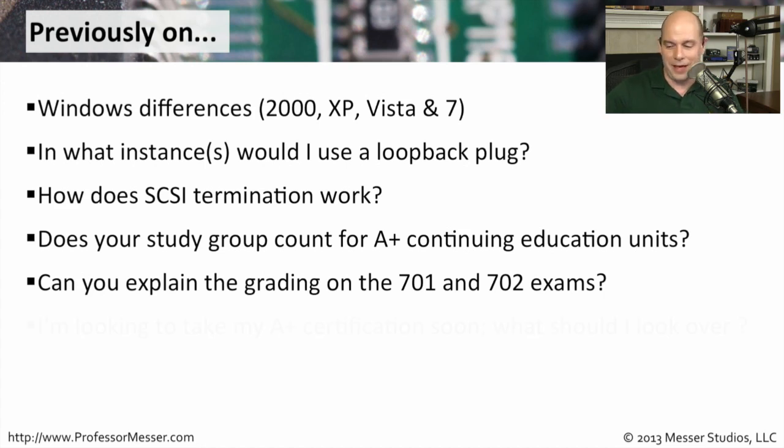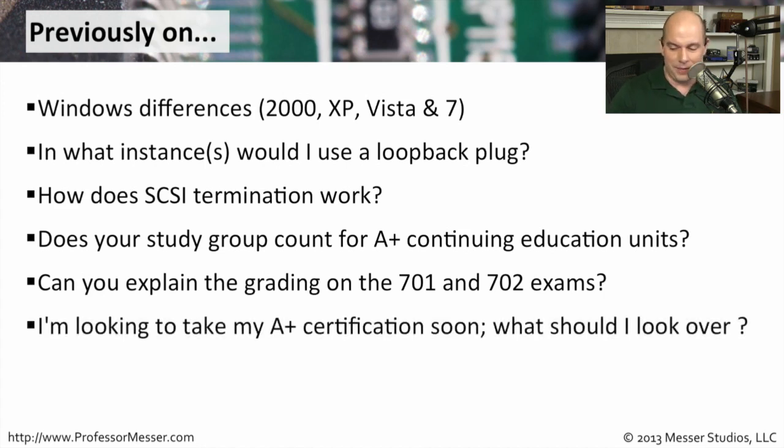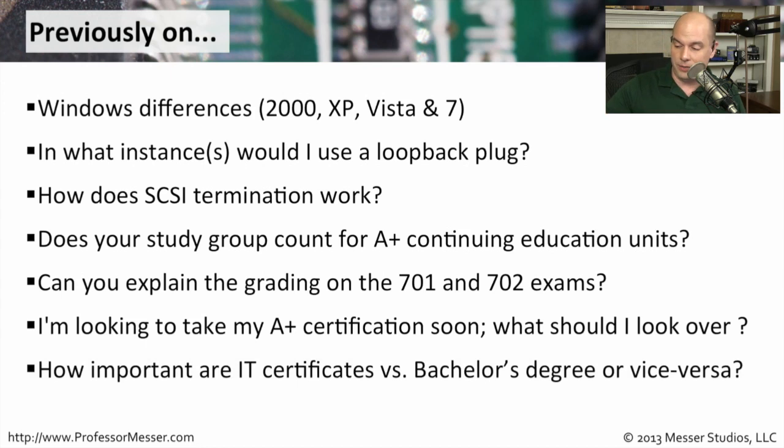Maybe you'd watch it just for that one right there. And I'm looking to take my A+ certification soon. What should I look over? Well, there you go. And how important are IT certificates versus a bachelor's degree or vice versa? So there's quite a few things we talked about last month. Make sure if you're interested in any of those that you go back and look at that study group.